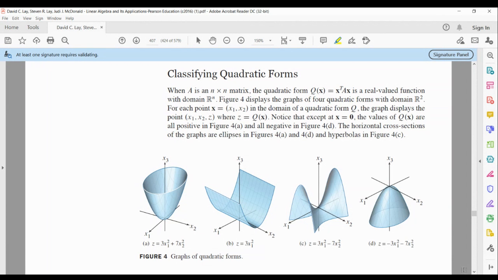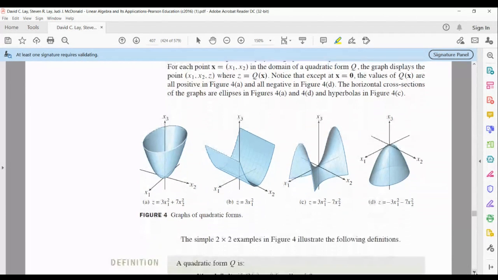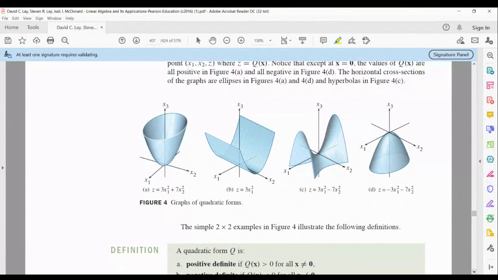You have here graphs of quadratic forms. In the figure below, they have z equals Q of x. Let me just make a note here.